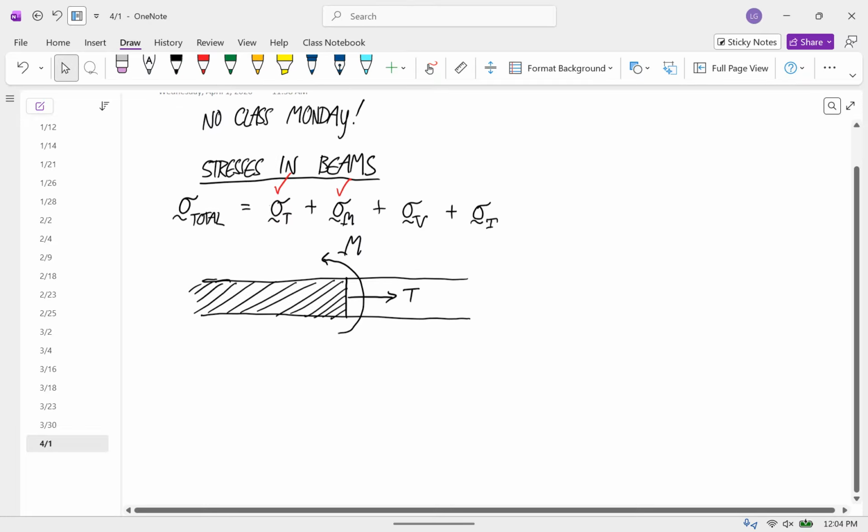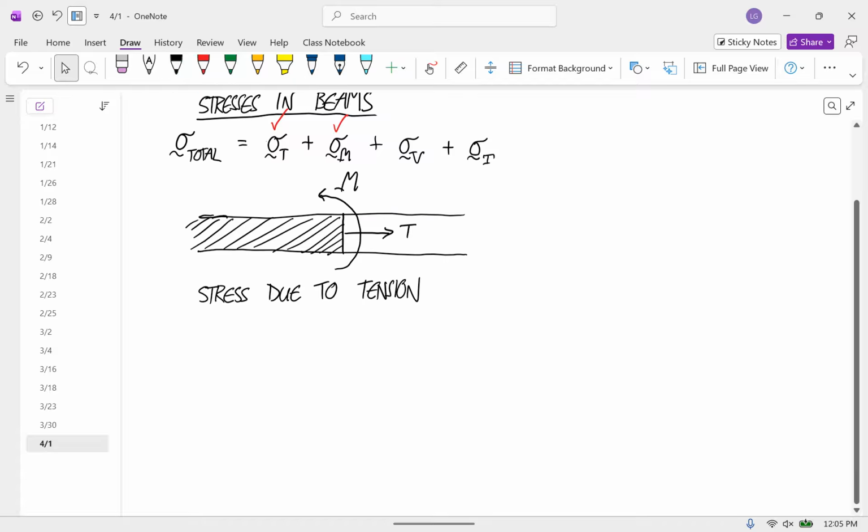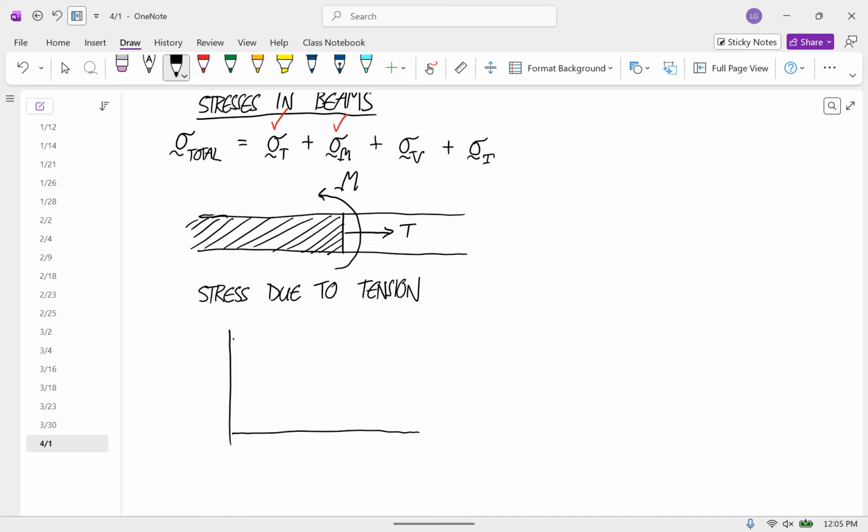First let's think about the stress due to tension. Well, I guess we'll just think of tension. On the y-axis, I'm going to put my XX stress.